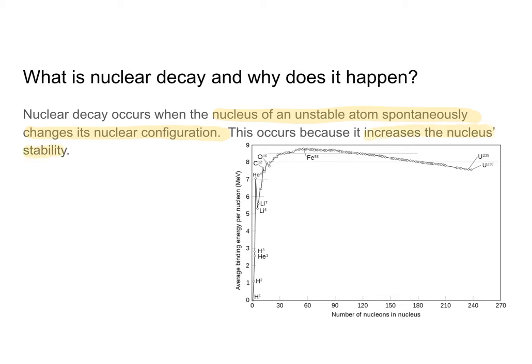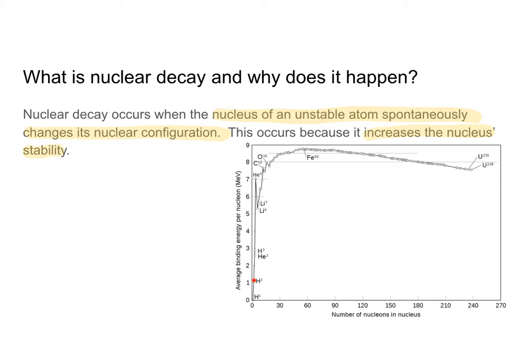In this graph on the lower right here, you can see the curve for the stability of different nuclei. So we can see our hydrogen-1 nucleus, which is a little silly, right? Because it's just a single proton with an electron traveling around it, so it doesn't really have any stability or instability.